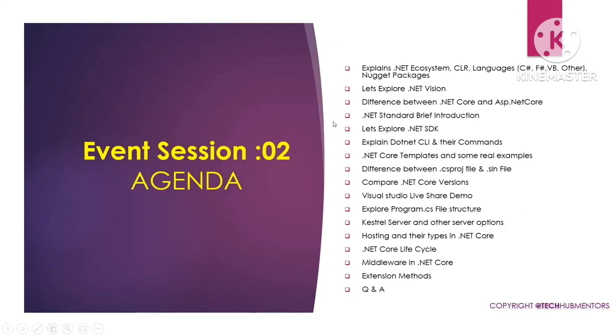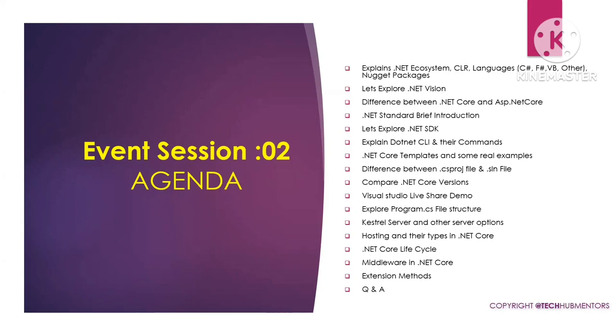So this is our second session. The agenda is: first we will start with the .NET ecosystem, the CLI languages that ASP.NET Core supports, the NuGet packages, and the .NET vision. We will discuss the difference between .NET Core and ASP.NET Core, and .NET Standard, with a brief introduction.